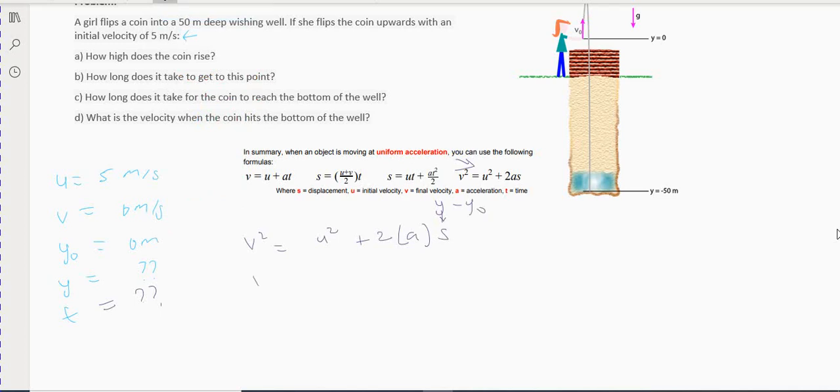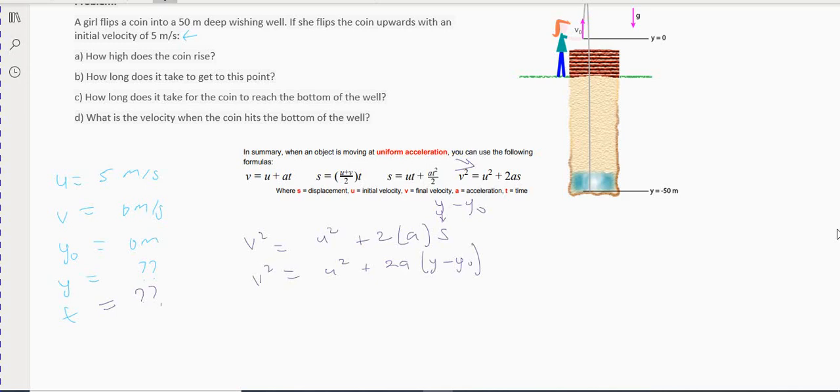So if we rewrite that, v squared is equal to u squared plus 2a, all of that multiplied by y minus y naught.